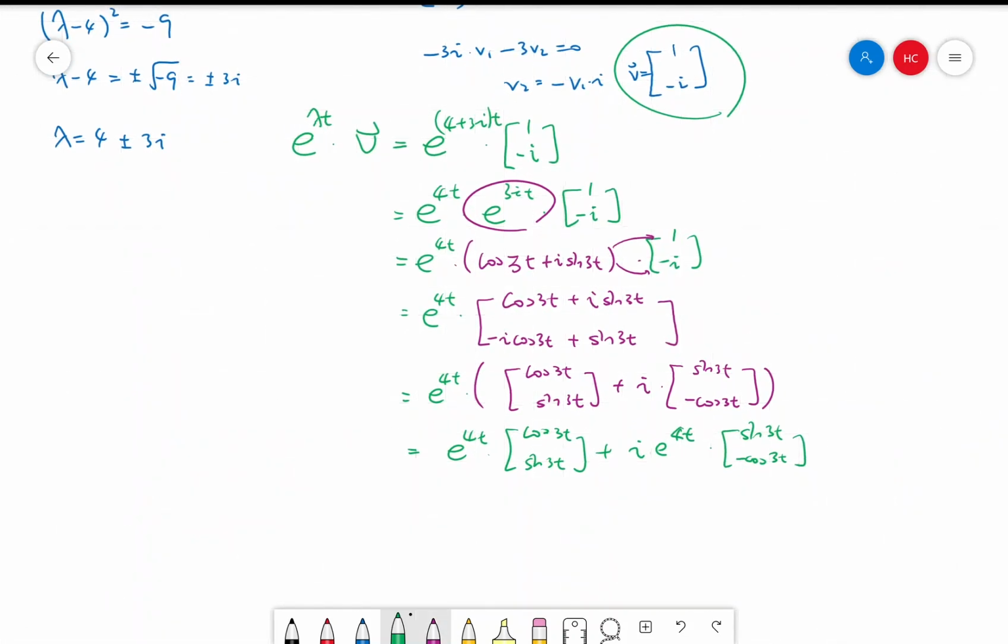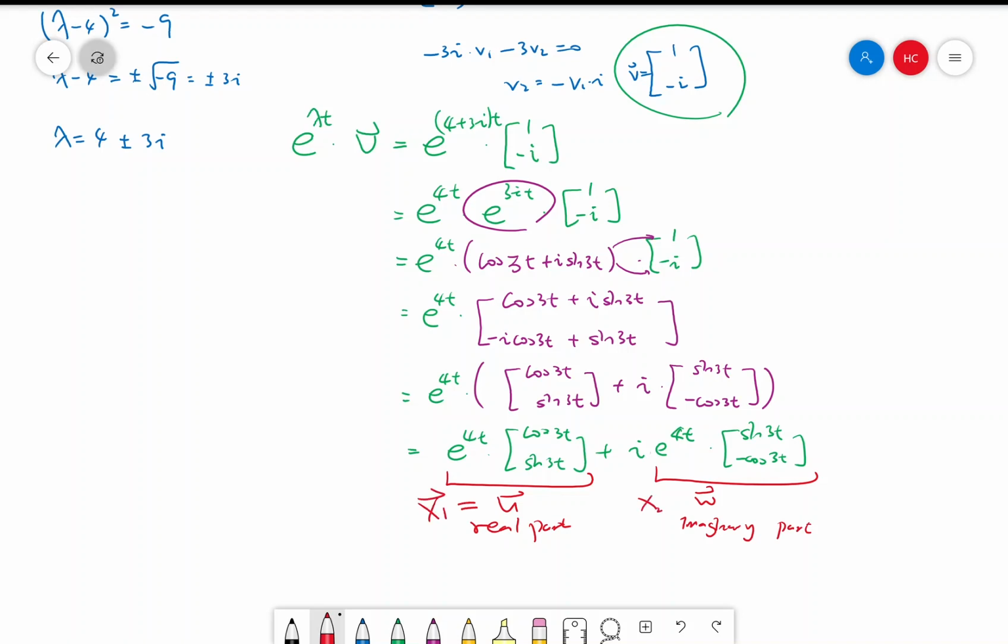So this is our u, which is the real part, and this is our w, which is the imaginary part. So we can choose our x1 to be u and x2 to be w.